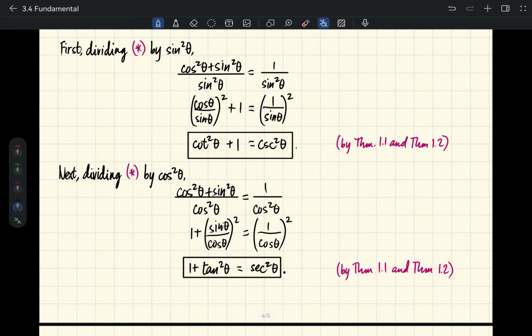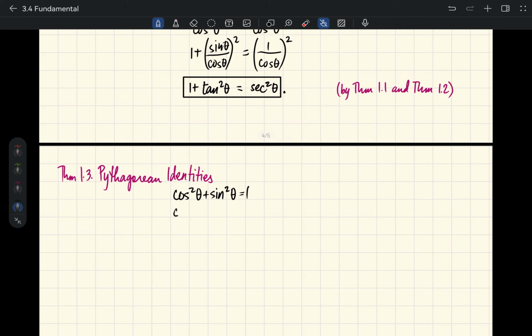Then the second is this one right here, cotangent squared theta plus 1 equals cosecant squared theta. And lastly, we have this one right here, 1 plus tangent squared theta equals secant squared theta.